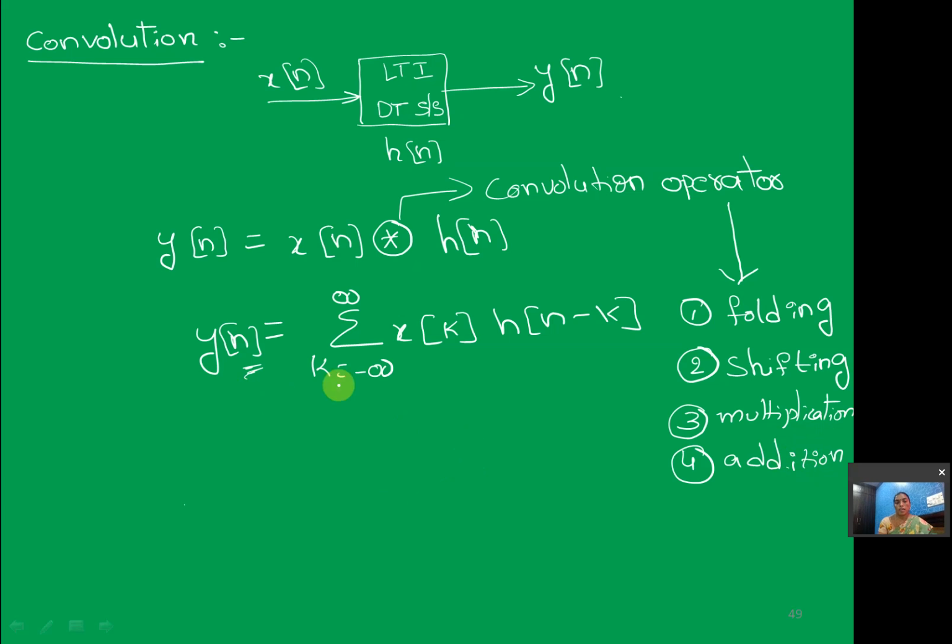So this convolution operator involves folding, shifting, multiplication, addition operations. Based on this convolution, you can determine the output of the system. It is nothing but time domain analysis of the discrete time system.